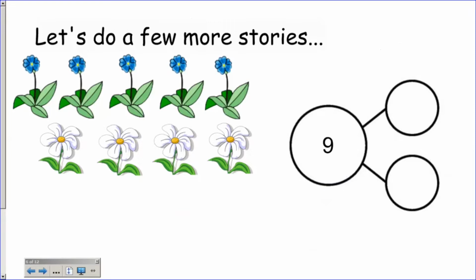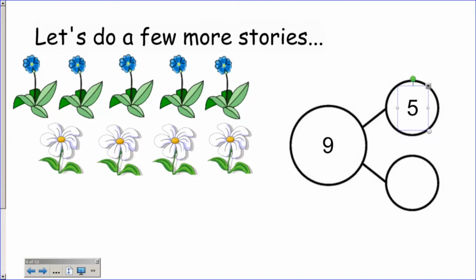Let's take a look and count how many blue flowers I planted in my garden. 1, 2, 3, 4, 5. You are right. I planted 5 blue flowers.